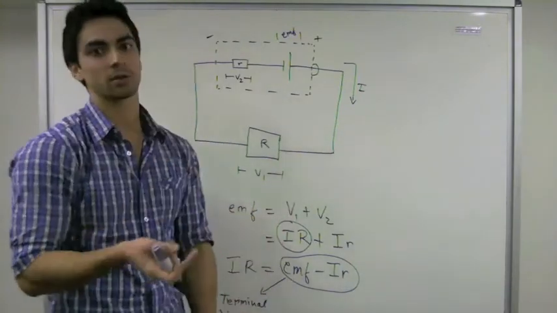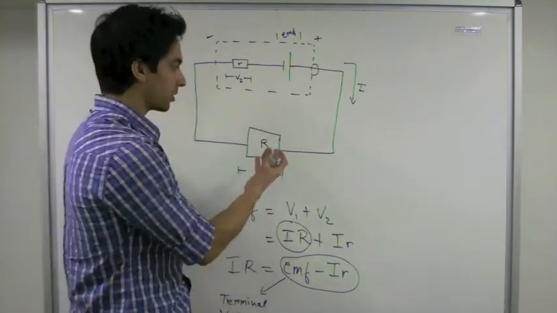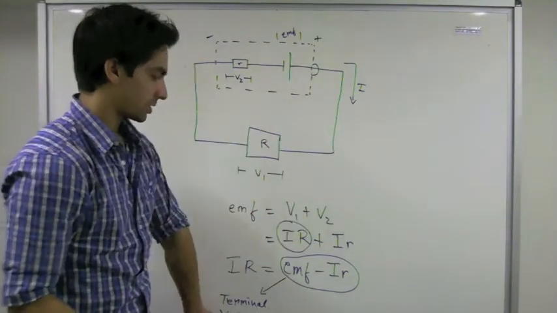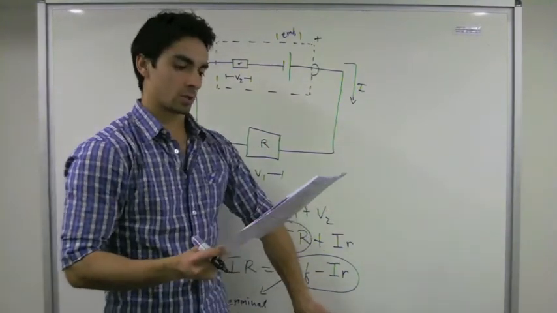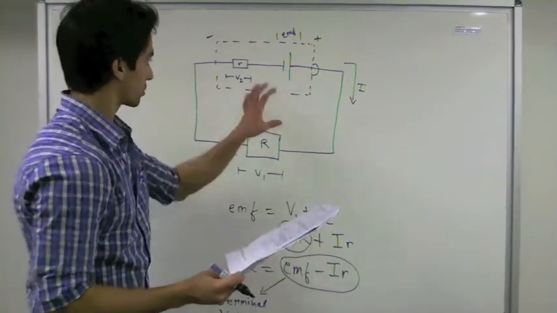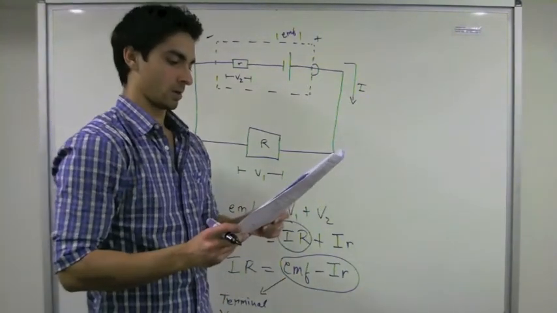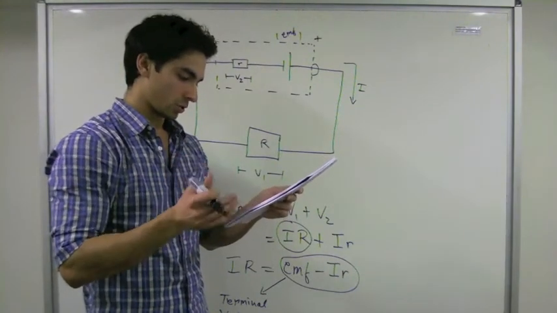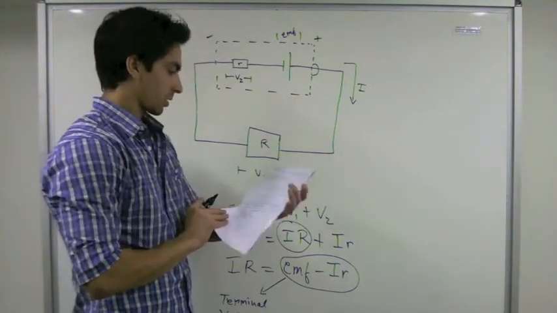The lesser the internal resistance, obviously the better for providing energy to the circuit. So terminal voltage shows you the usefulness of a source of power. After this, there are just a few examples of using this equation.